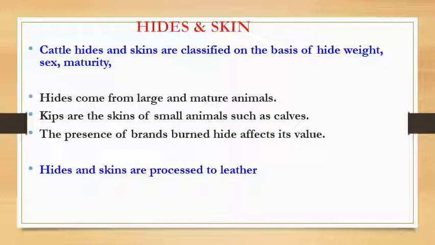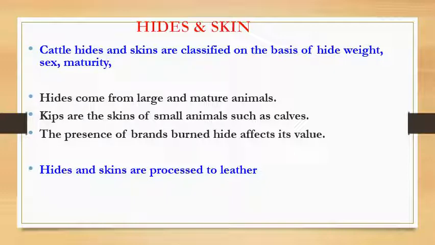Sometimes kips are the skin from small animals such as calves because their weight will be less, and with the presence of any damage or branding, it has a low grading, so we will discuss that again separately. Hide and skin are mostly processed into leather by the process of tanning.